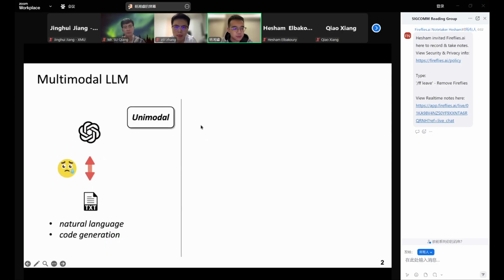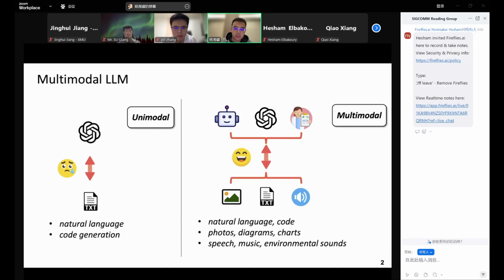Recently, we can see the multimodal LLM is becoming an exciting AI paradigm. On the left, we see a unimodal LLM, primarily interacting with text. Its capabilities are largely confined to processing natural language and generating code. However, the right side introduces the exciting leap to multimodal LLMs.